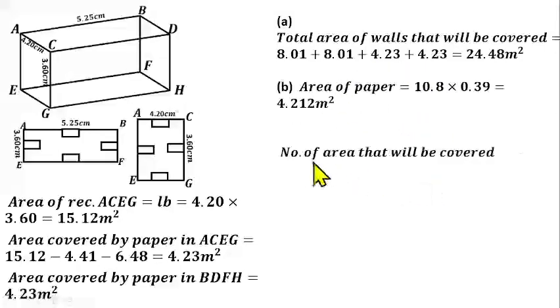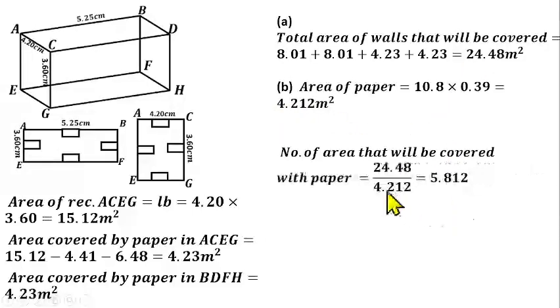Then we can now get the number of areas that will be covered. So the number will be the total area we get here divided by the area of each of the paper. 224.4 divided by this should give us 5.812 as the number of areas that will be covered by the paper.